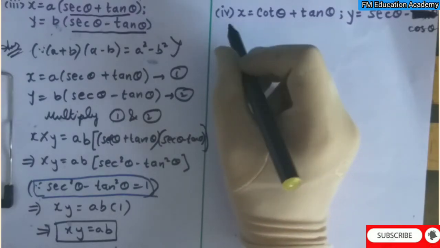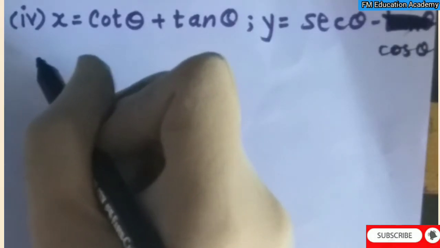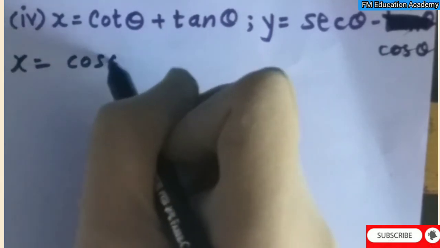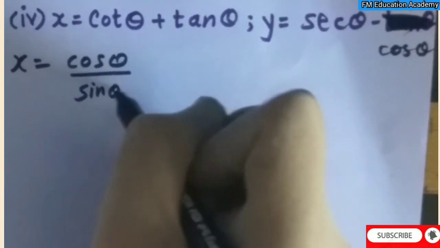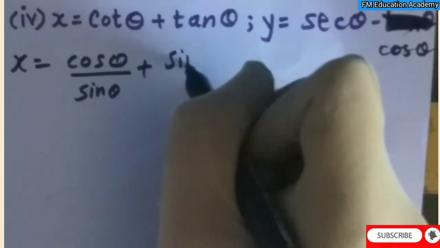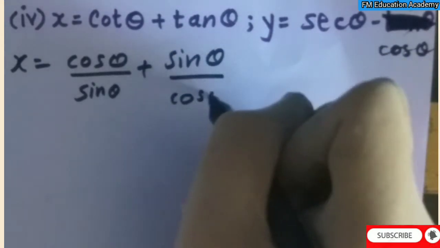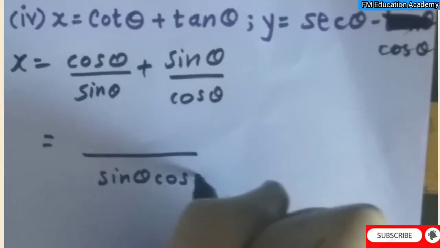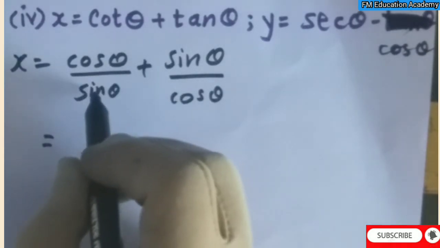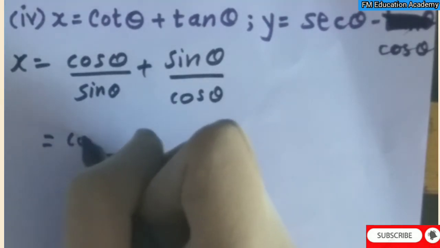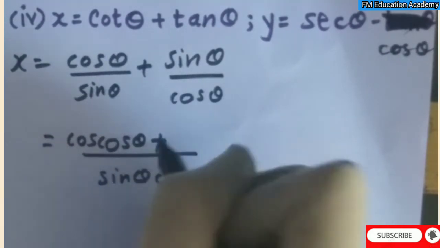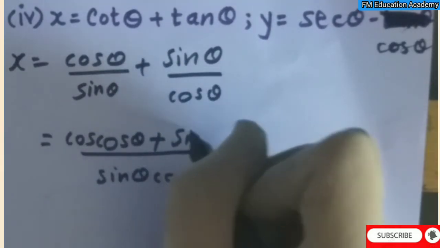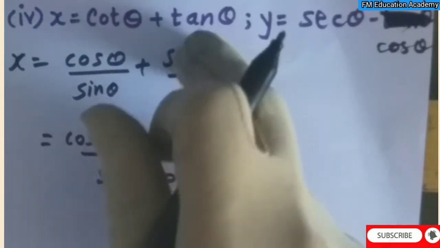Observe here carefully. We will do first x = ... how can you write cot θ as cos θ by sin θ? How can you write tan θ as sin θ by cos θ? So LCM of sin θ and cos θ is sin θ cos θ only. Sin θ cos θ divided by sin θ is cos θ. Cos θ into cos θ is cos²θ, plus again sin θ cos θ divided by cos θ is sin θ, into sin θ.